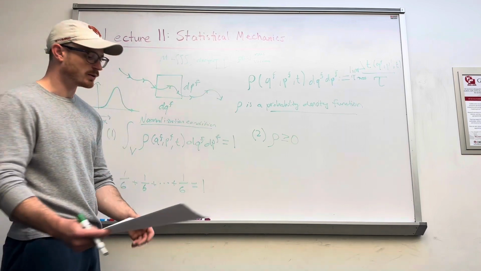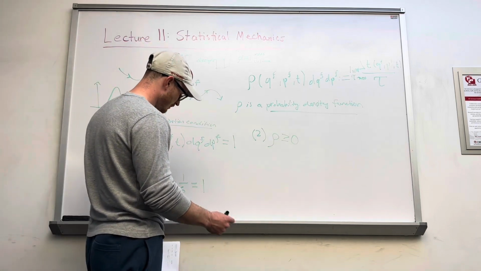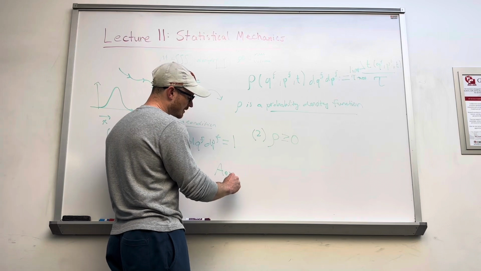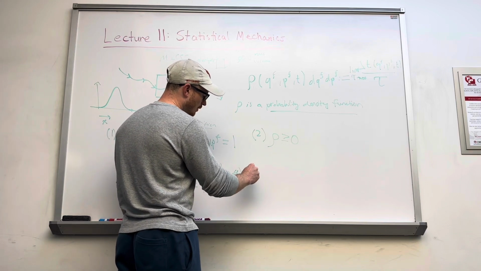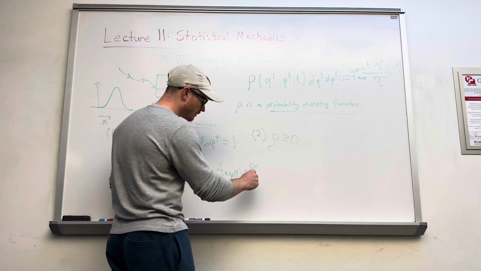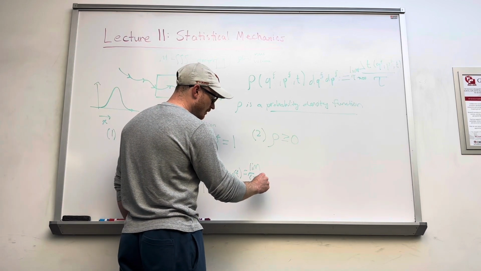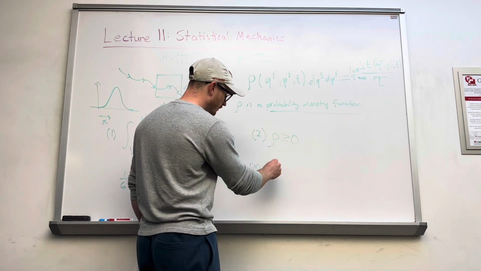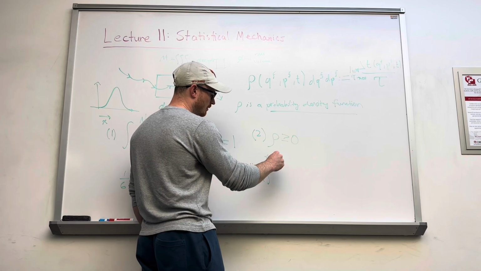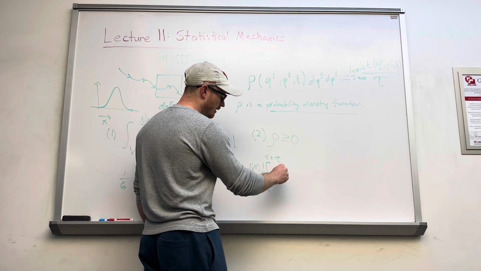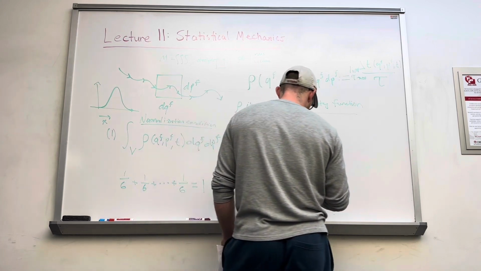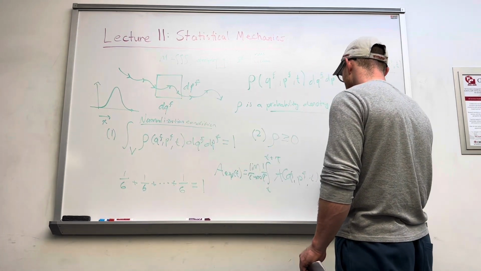Recall that when we were measuring a dynamical variable, we said that the expected value, or the measured value, was the limit as our measurement time got really long of 1 over our measurement time, integrated over the course of the measurement, A(t) dt.